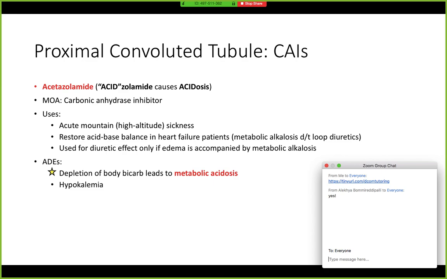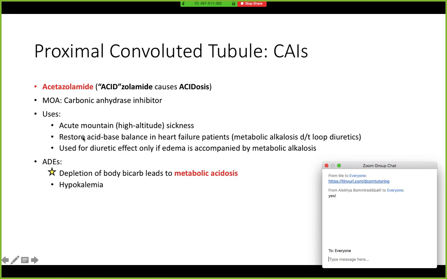So again with acetazolamide, one trick to remember one of the important side effects is that acetazolamide causes acidosis.